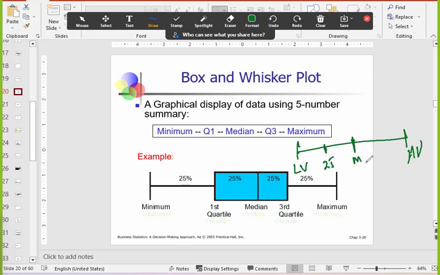So this box, the purpose of box plot, is based upon 5 observations. This box covers 50% of the data. Suppose you have deposits data from the bank. This is the lowest amount of deposit, then this is the highest amount of deposit.